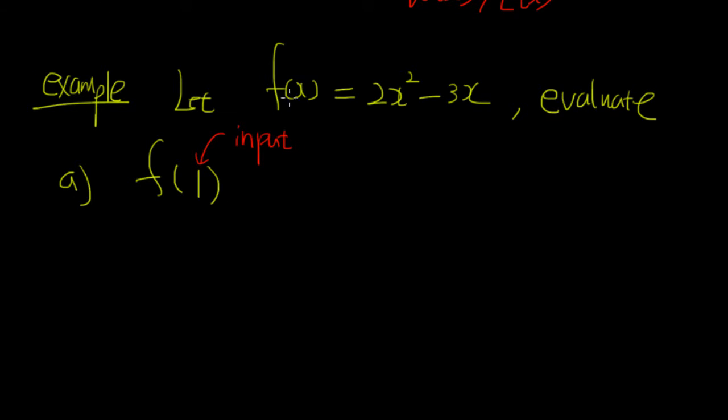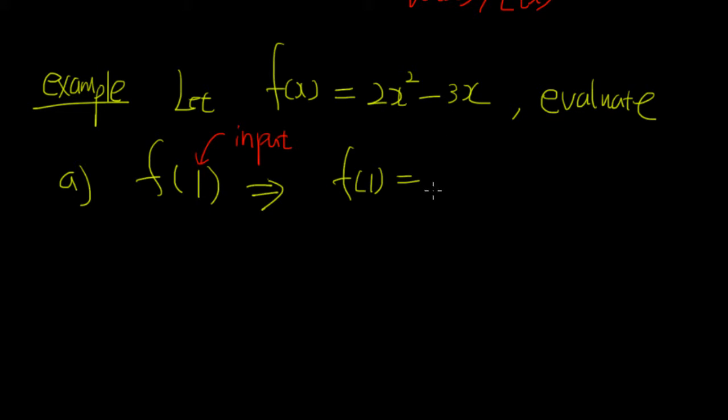The input value used to be x. If it's x, then that x is going to be squared and multiplied by 2, and from that value we subtract 3 times whatever the input value is. Now the input value is not x, it's 1. So all we need to do is change x to 1.